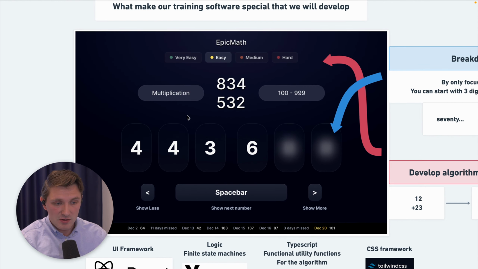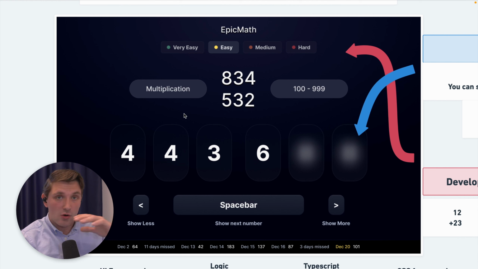So instead of focusing on the whole answer, you can just focus on the first number in the beginning. So 834 times 531, it's 400 something. And then you get the next one and you will say, oh, it's 300 something. And then you get the next one, it's 600 something.